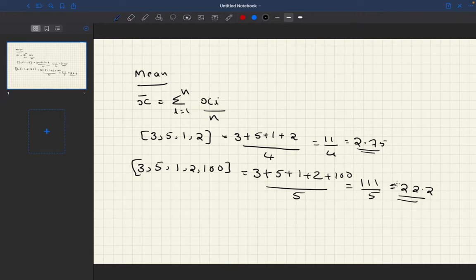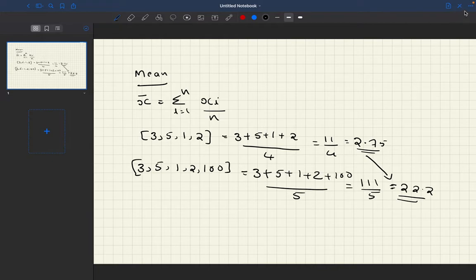By just adding one data point, the mean has shifted from 2.75 to 22.2, which is approximately 10 times more than with the normal data. So whenever we have outliers, the mean shifts its central position. This is one of the drawbacks of mean.